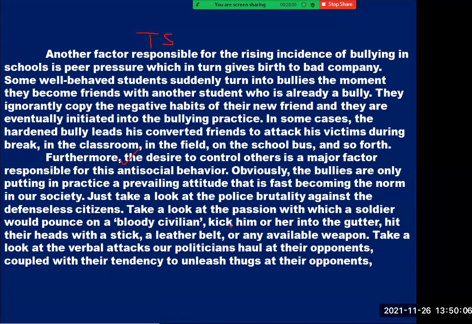Take a look at the passion with which a soldier would pounce on a bloody civilian, kick him or her into the gutter, hit their heads with a stick, a leather belt, or any available weapon. You see? Take a look at the verbal attacks our politicians hurl at their opponents, coupled with their tendency to unleash thugs at their opponents. You see, these are valid points.